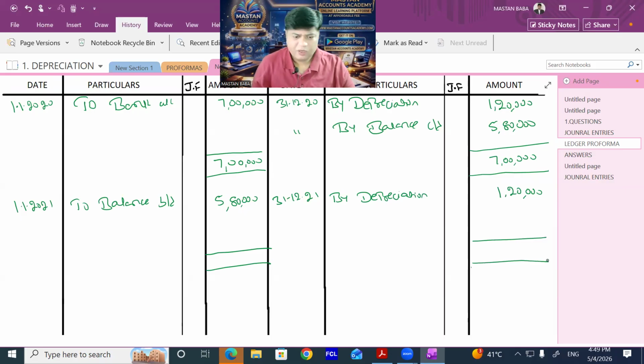On both sides we took 5,80,000, 5,80,000 minus 1,20,000. So 31/12/2021 by balance carried down, we'll get 4,60,000.